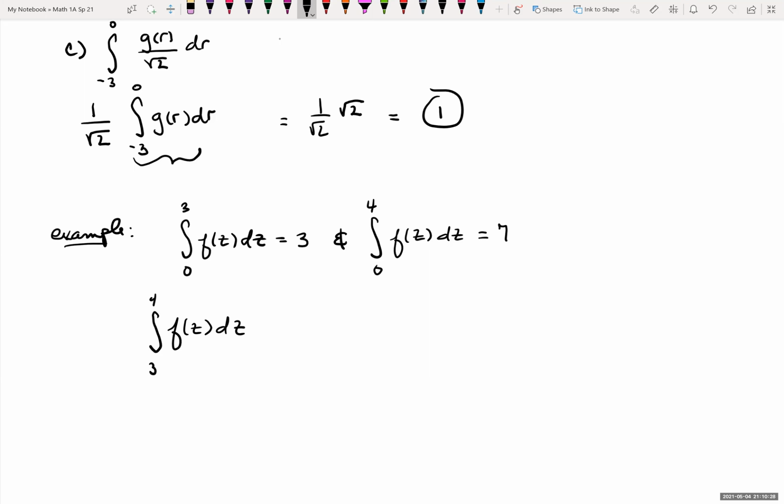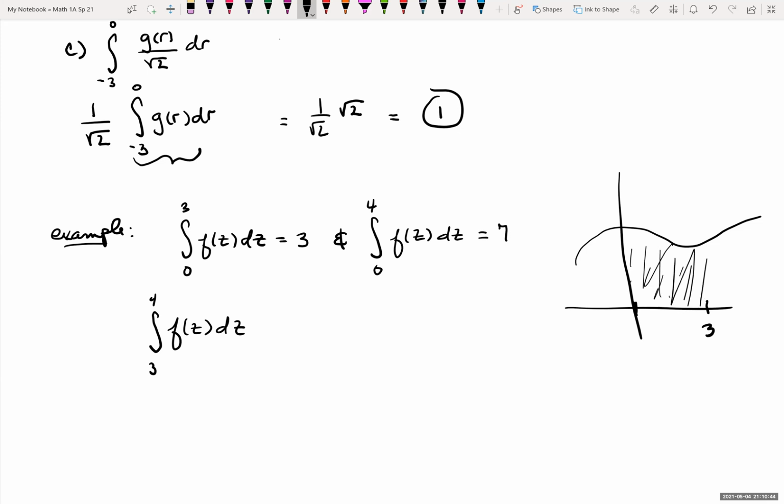Well, I don't have the integral from 3 to 4. I have the integral here from 0 to 3. So let's just say f of z looks like this. So I have the integral from 0 to 3, which would give me, if I was talking about area above a curve, this. And then I have the area from 0 to 4.